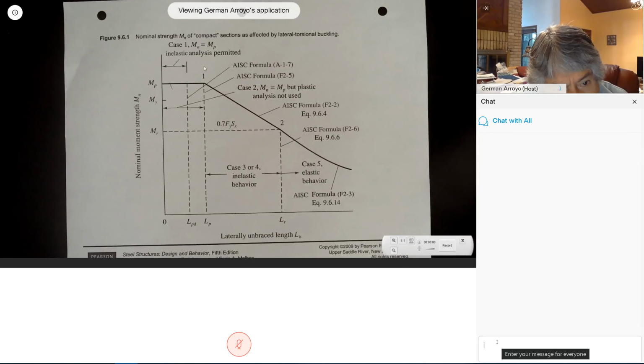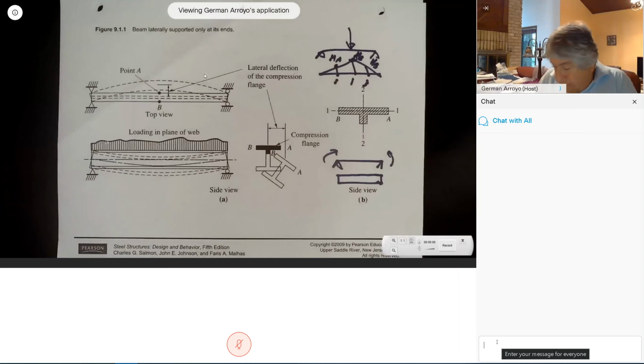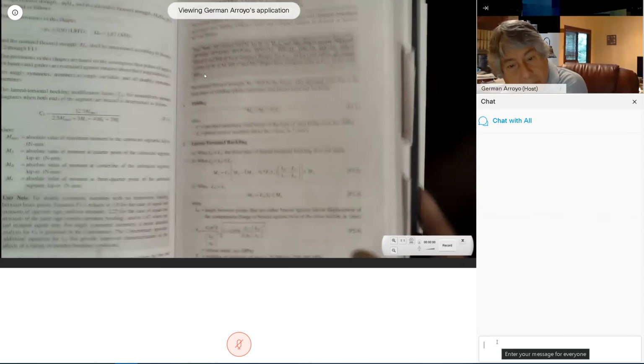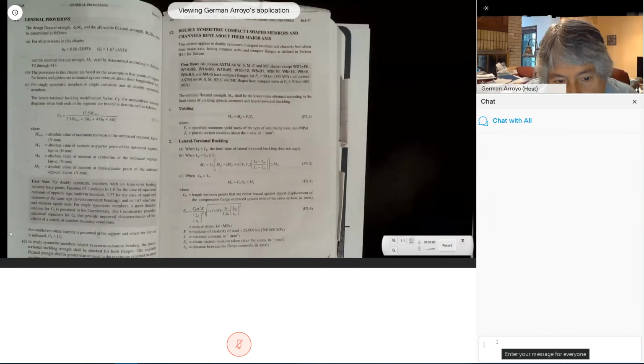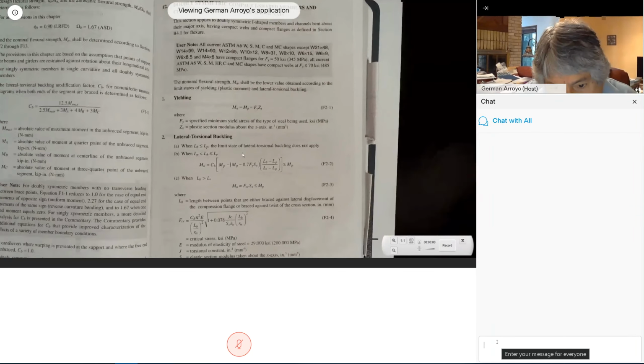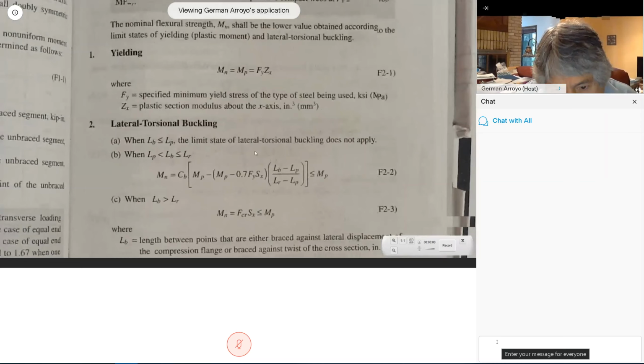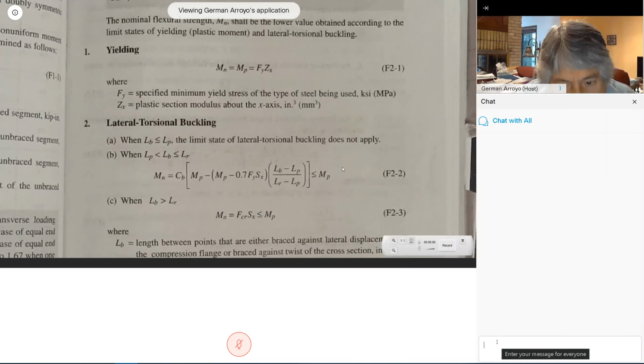It is impossible. The material cannot develop moment here. So it's important to check this value cannot be larger than M sub p. And you do need to pay attention, because many of you are not paying attention. You're going to give a value larger, impossible.